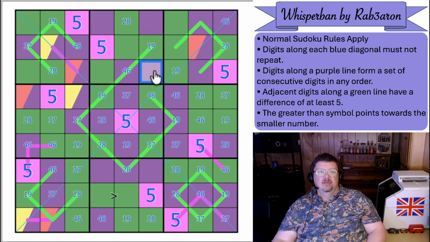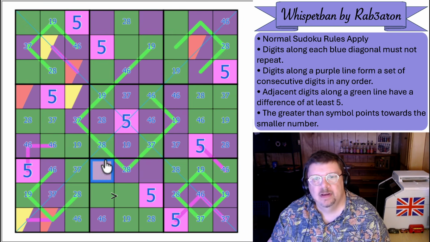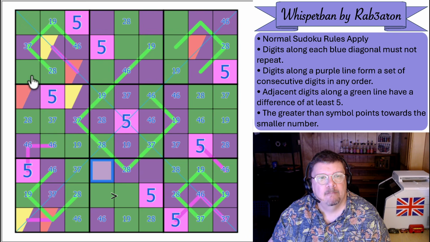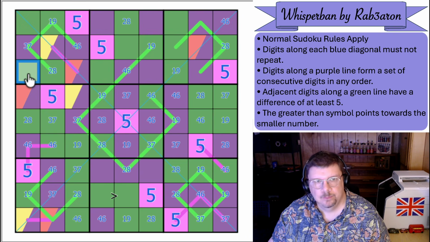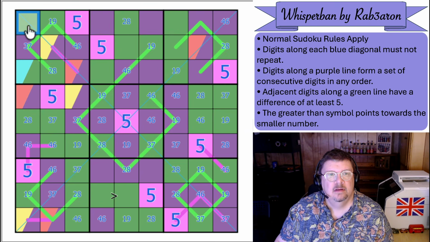That would be 3, 7. That would be 3, 7. Feels like the green is really what I want to be looking at. Okay, let's mark that as teal and orange.